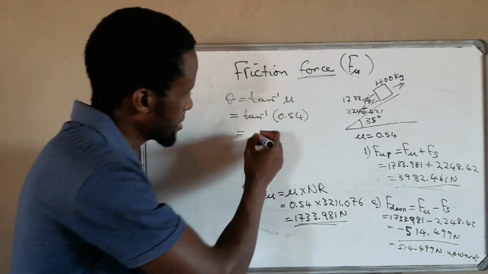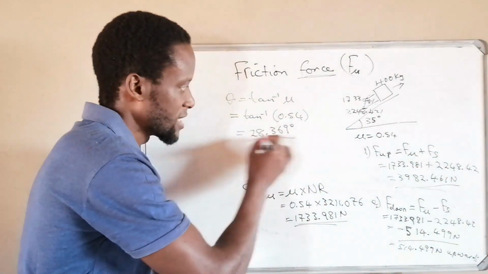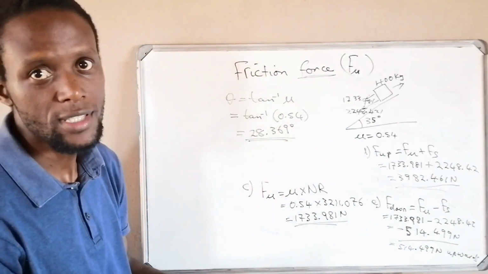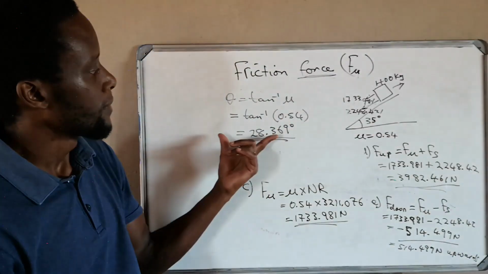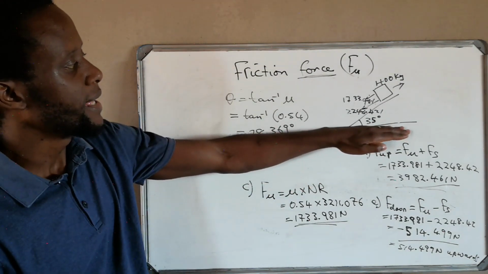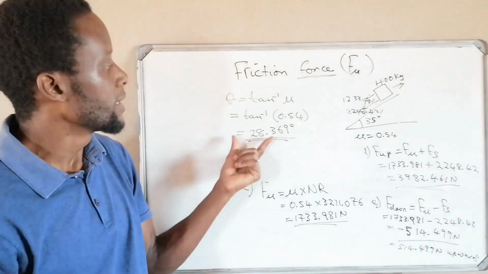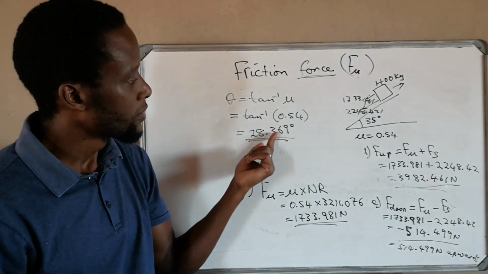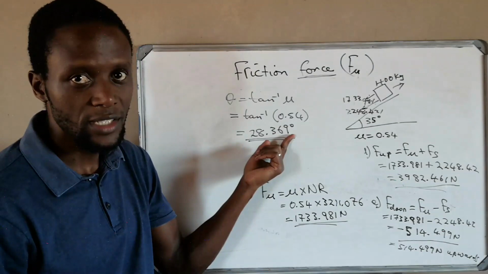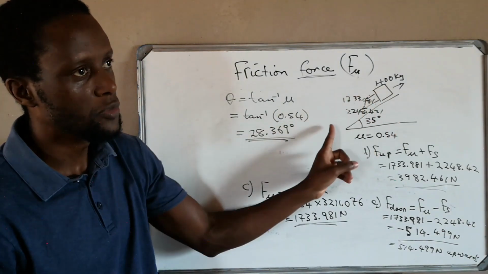Okay, and then it will give us 28.369 degrees. Now this is an angle, not newtons, this is an angle. What basically this means is that when the incline is at 28.369 degrees, the object will start to move downwards.